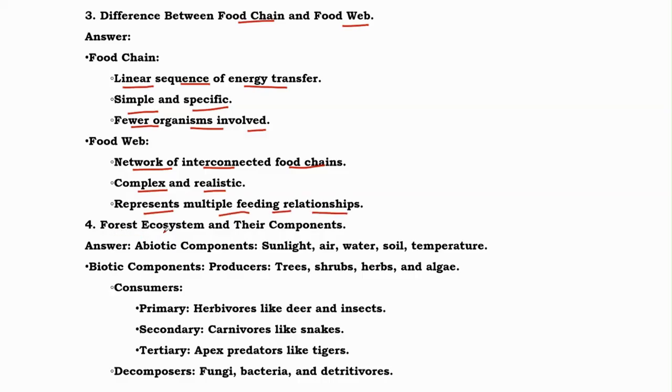What is meant by forest ecosystem and its components? Abiotic components: sun, air, water, soil and temperature. Biotic components: producers, trees, herbs, shrubs and algae. Consumers: primary, herbivores like deer and insects. Secondary, carnivores like snakes.